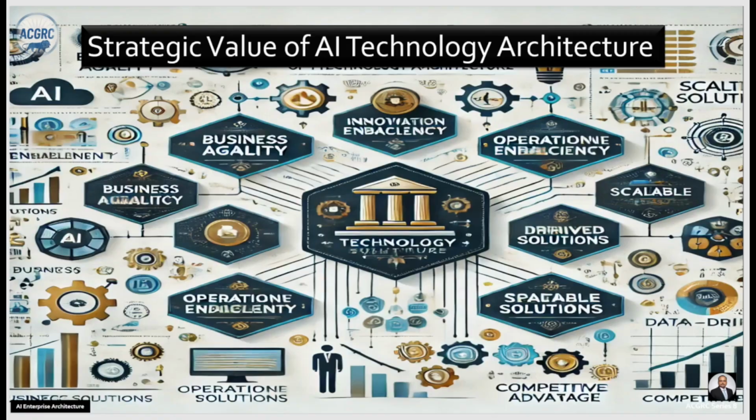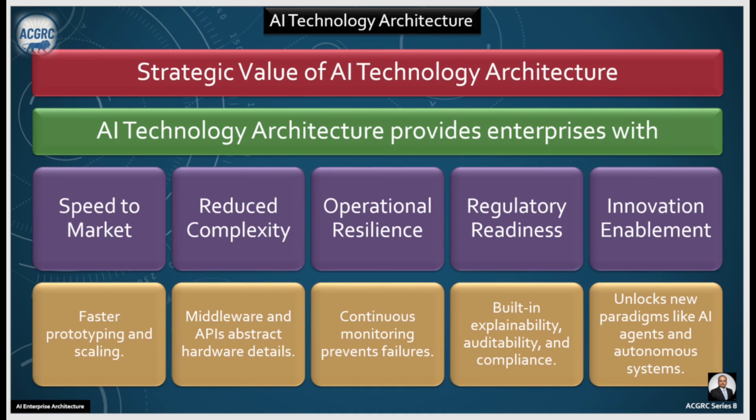Let's look at the strategic value of AI technology architecture. AI technology architecture provides the enterprise with speed to market by faster prototyping and scaling, and reduced complexity wherein middleware and API abstract hardware detail.